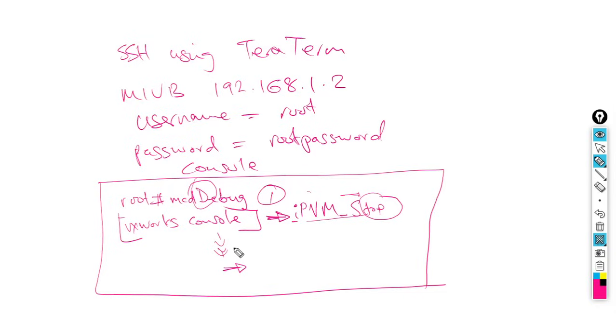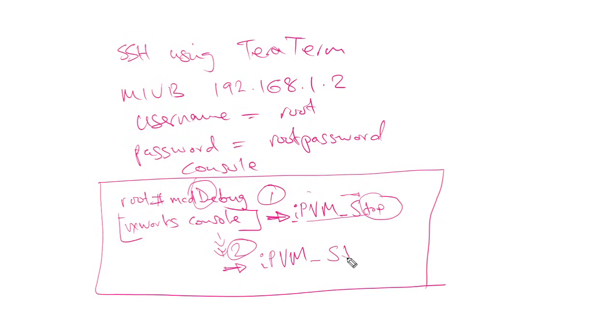Then it's going to go through stopping the IPVM, the voicemail. When it is done stopping the voicemail, it's going to come to this point again, and then we put our second command, which is to start the voicemail, IPVM start.